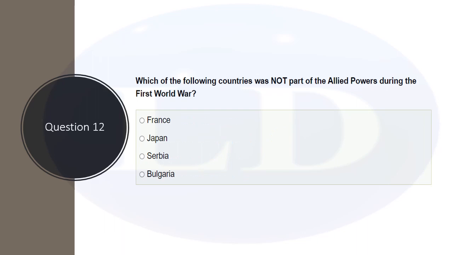Next question. You see, sometimes the questions are repeated. We had this question in a previous test as well. Which of the following countries was not part of the Allied powers during the First World War? There were two groups. One was the Allied group, headed by the UK, and the other was the German group. The country that was not part of the Allied group was Bulgaria.